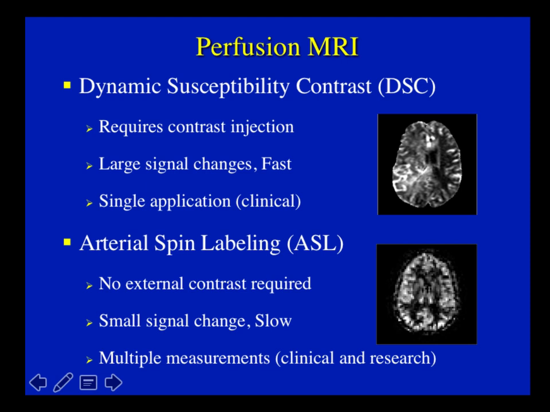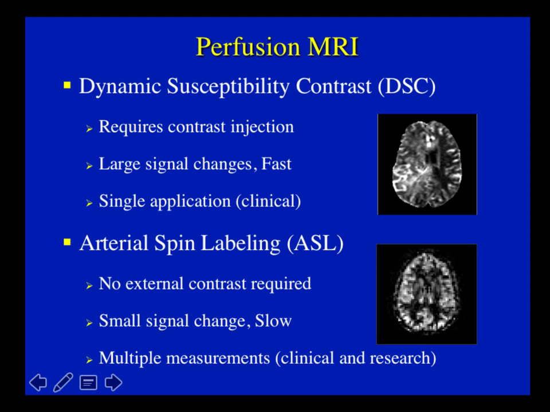This method produces large signal changes, and therefore we do not have to average the signal for too long, so this method is quite fast. Because we have to administer external contrast agent, this method is generally restricted to a single application, and therefore is more suitable in a clinical setting.